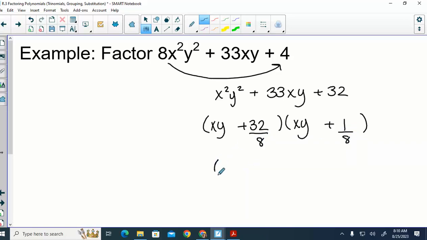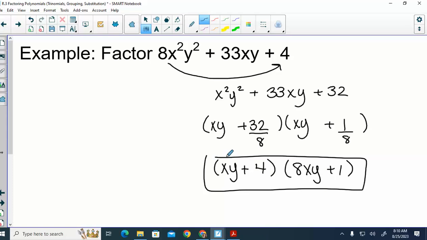So divide by 8. 32 divided by 8 is 4. 1/8 doesn't reduce, so it'd be 8xy plus 1. Do we need more like this?